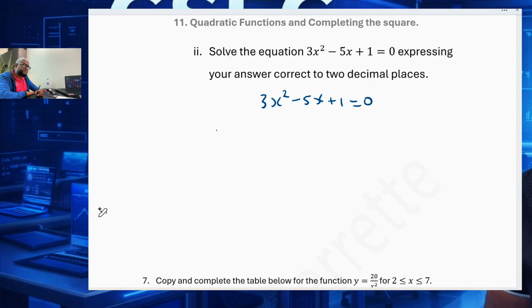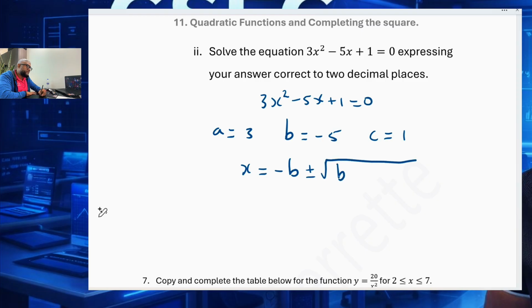What is a equal to? b is equal to? And c is equal to? So we are going to use the quadratic formula. x will be equal to negative b plus or minus the square root of b² − 4ac, all over 2a.